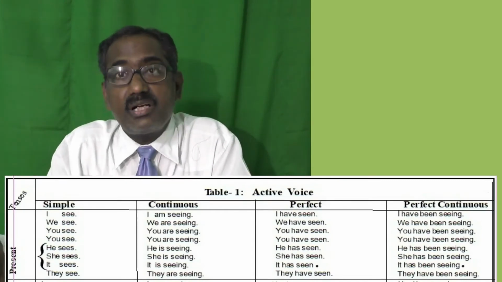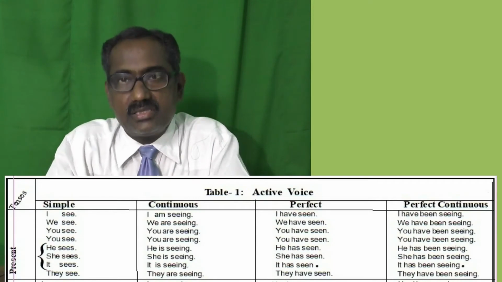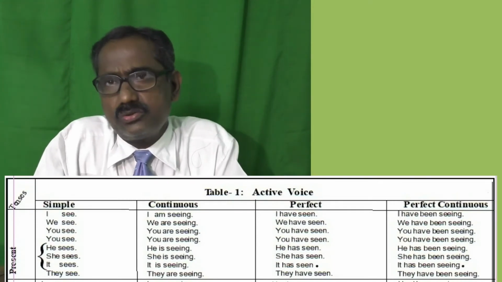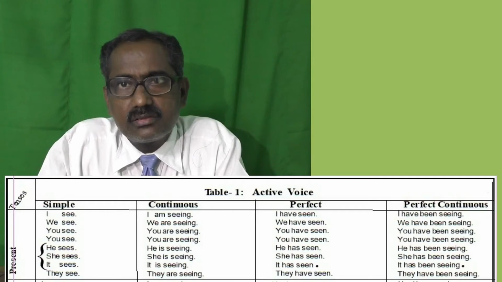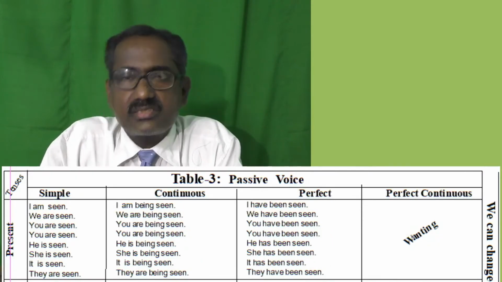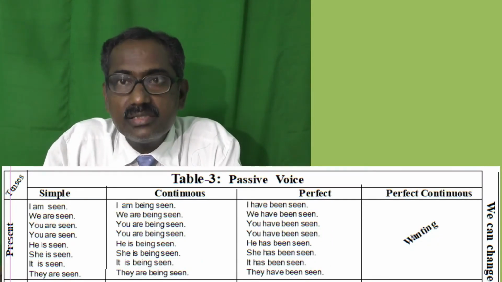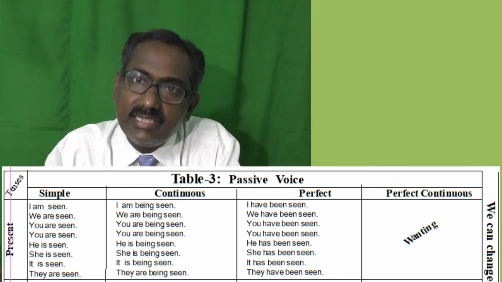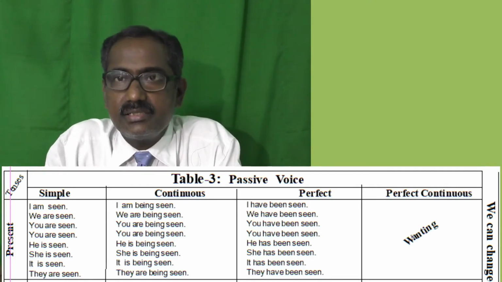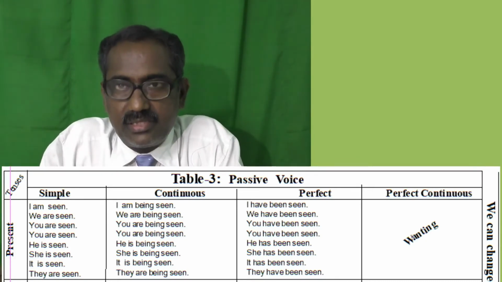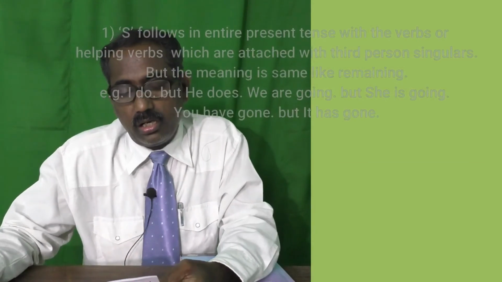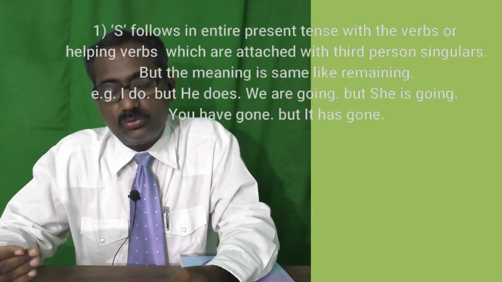This is one of the important things when you learn the tenses. Even passive voice also you observe. I am seen, we are seen, you are seen, but he is seen, it is seen, she is seen, they are seen. That is the thing you have to learn. Okay. Exceptional rule 2.